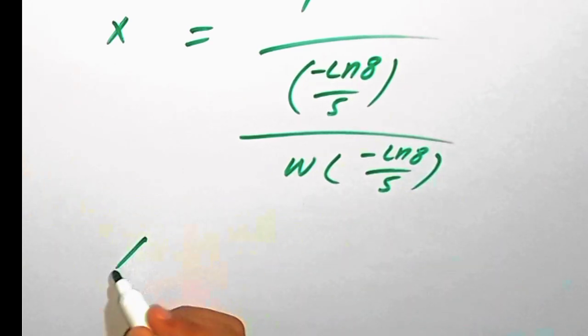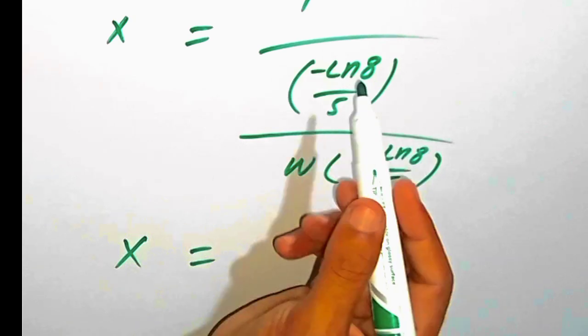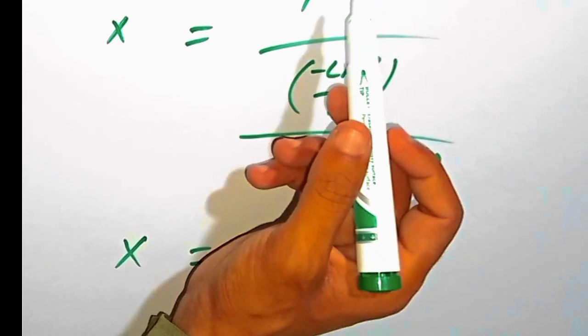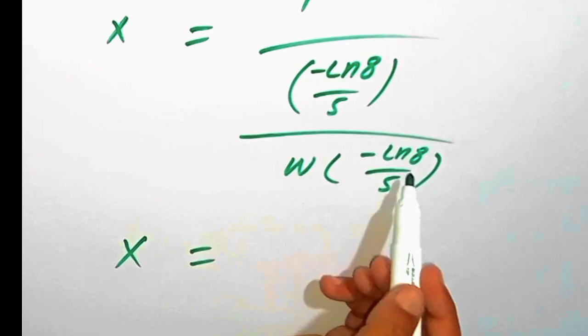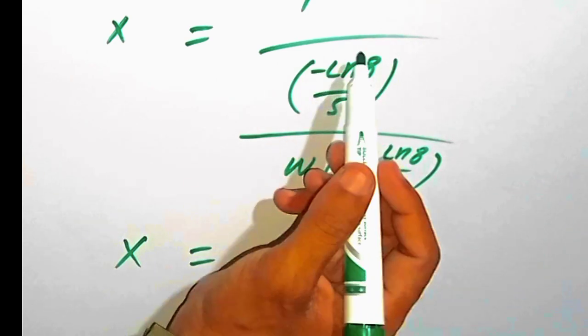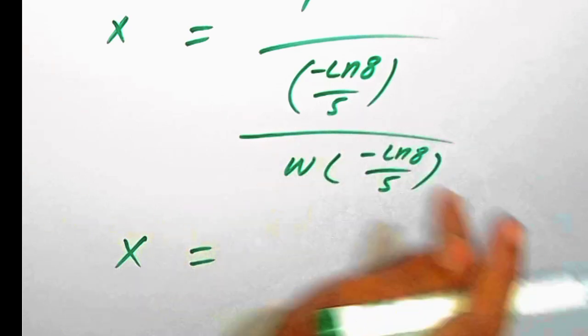So x is equal to, in the next step, when this function comes to the upper side, it is multiplied by 1, so it becomes W of minus ln 8 divided by 5, and this value stays in the denominator.